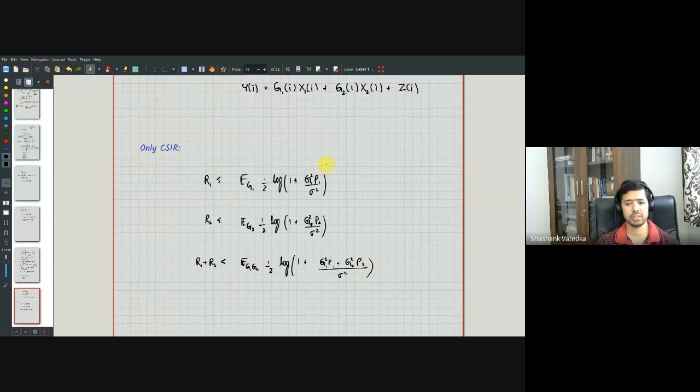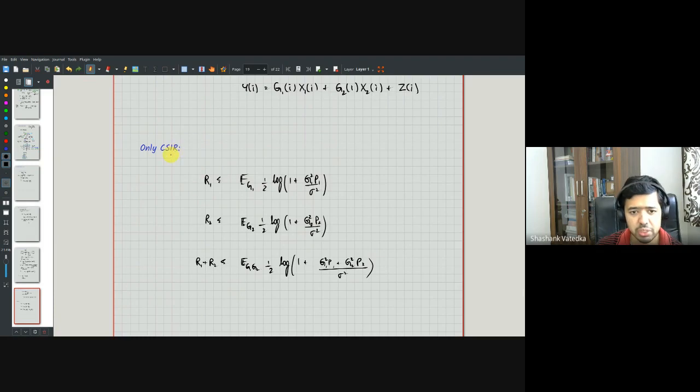So it's the same as what we had before for the Gaussian MAC, except that instead of half log 1 plus P1 over sigma 1 square, half log 1 plus P2 over sigma 2 square, it's now half log 1 plus G1 square P1 over sigma 1 square, and you have to take the expectation over the respective random variables.